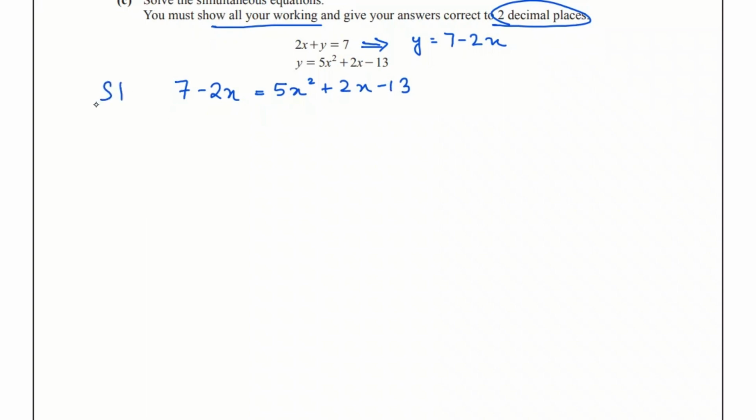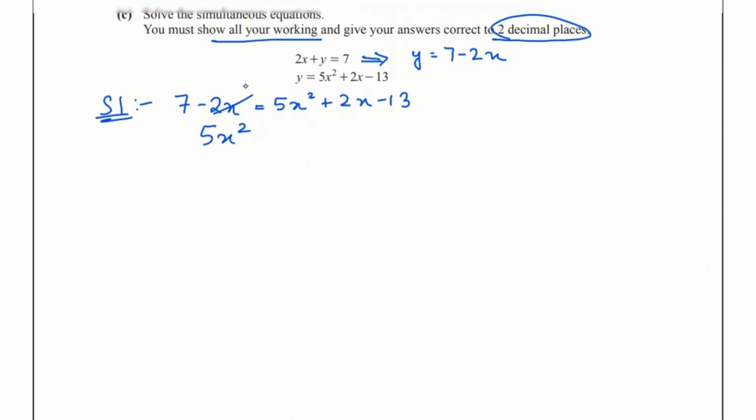This is the step 1. So we get 5x square, this will go on the other side and we get plus 4x. This will go on the other side and this will become minus 20 equals to 0.